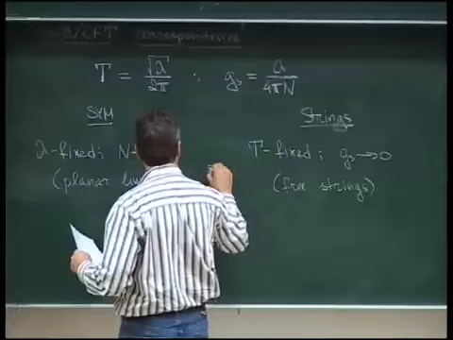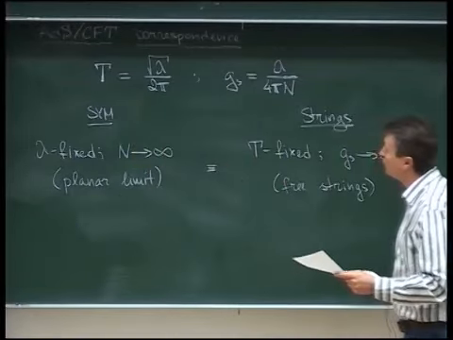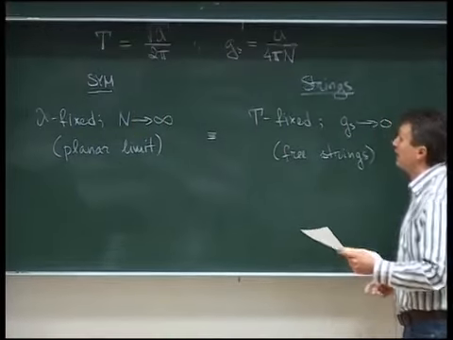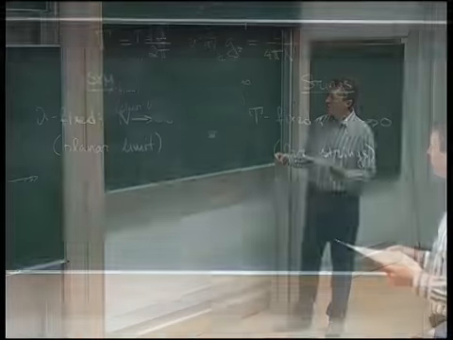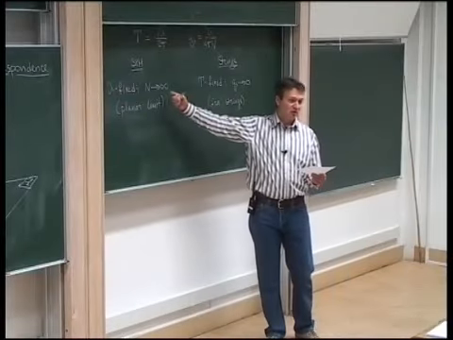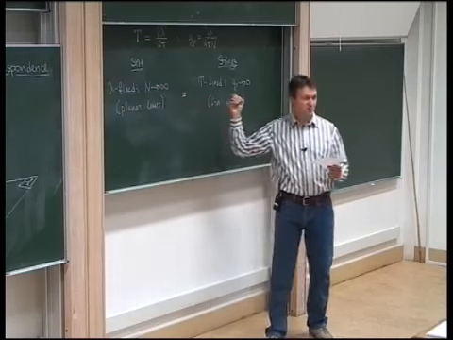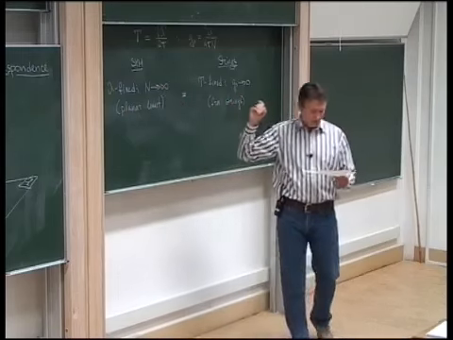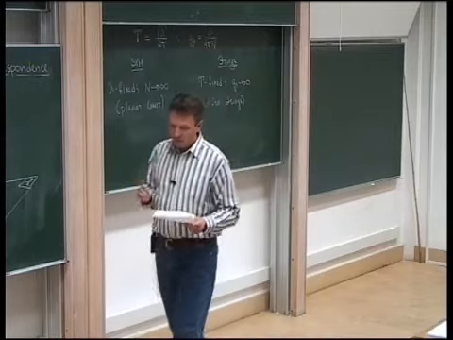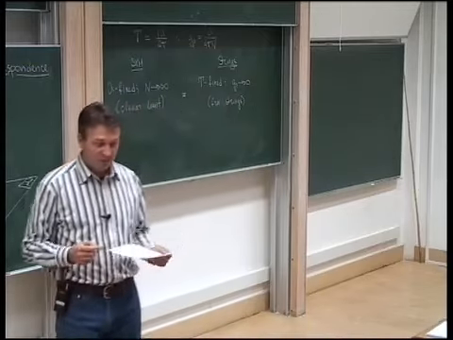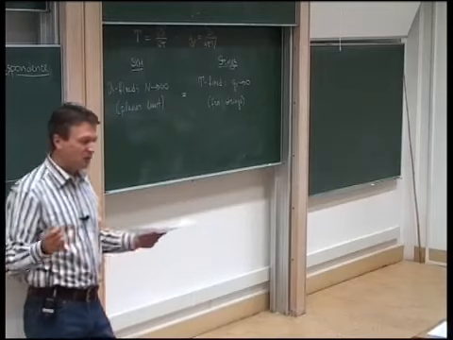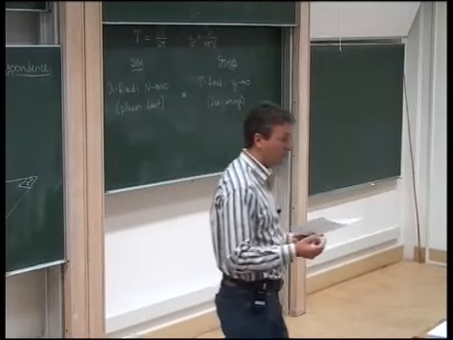So according to AdS/CFT, these should be equivalent. And this is the limit I will always consider. So from now on, N will be equal to infinity and g_s will be equal to 0. But we still have one parameter, which is the 't Hooft coupling, and it's in our hands to make it big or small.